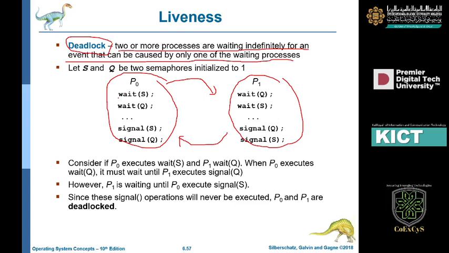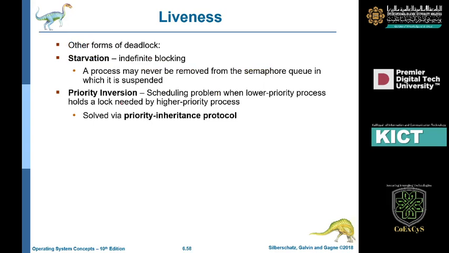You can imagine your code could be complex, where you require wait and signal everywhere using semaphores, and it's really hard to figure out what is actually causing the deadlock. The next thing is starvation. Understand this concept. This is indefinite blocking.